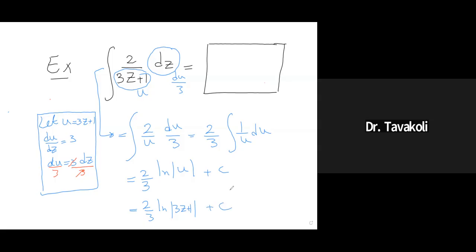That's the answer that we are going to type in here, 2/3 ln of absolute value of 3z plus 1 and then at the end plus c.